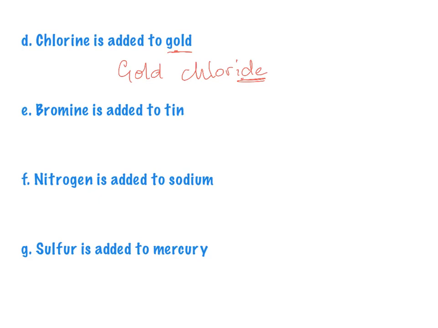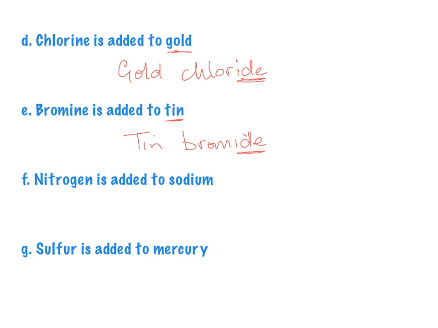Bromine is added to tin. Alright, answer the question, think, pick the best answer, do it now. Right, the metal in this case is tin, and then we have other part, bromine becomes bromide. I hope this is really starting to become very, very obvious and very, very easy for us to do.